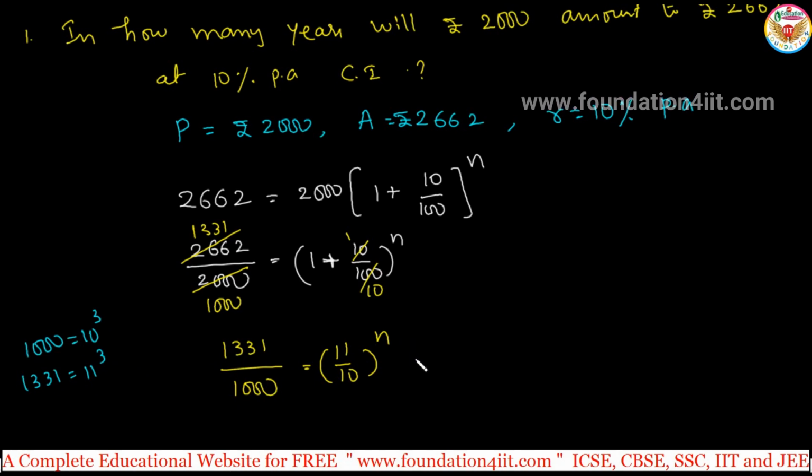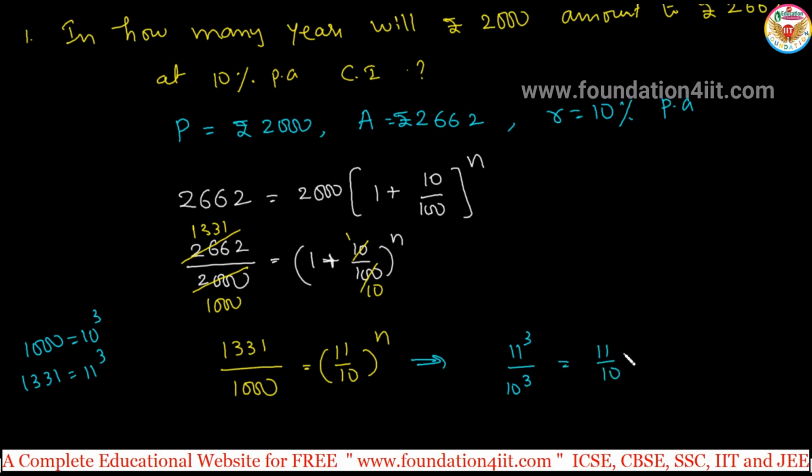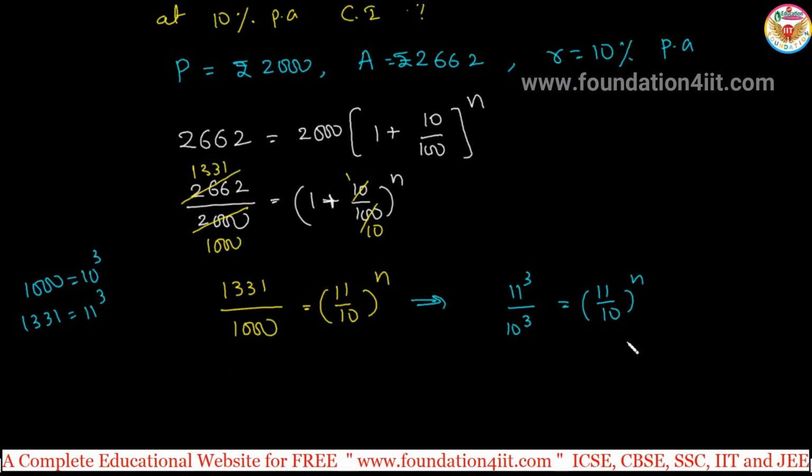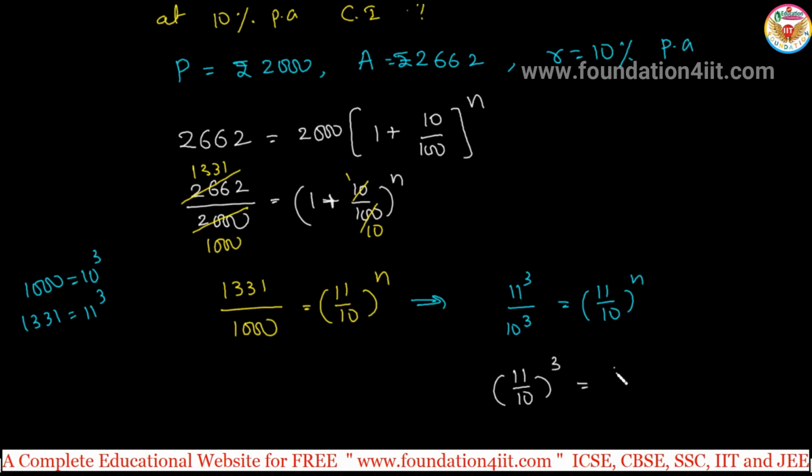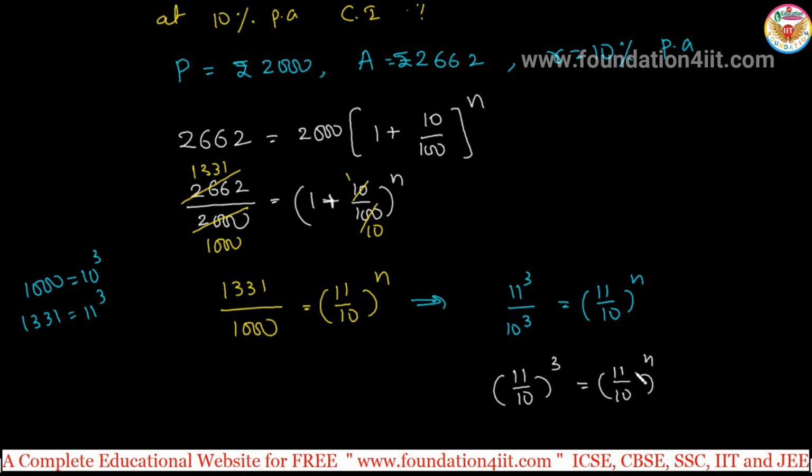From this, 11 to the power 3 by 10 to the power 3 is equal to 11 by 10 whole to the power n. So 11 by 10 whole to the power 3 is equal to 11 by 10 whole to the power n. If a power m is equal to a power n, then m is equal to n.